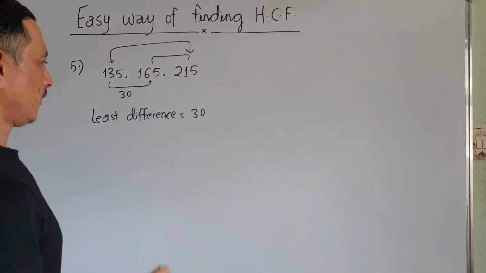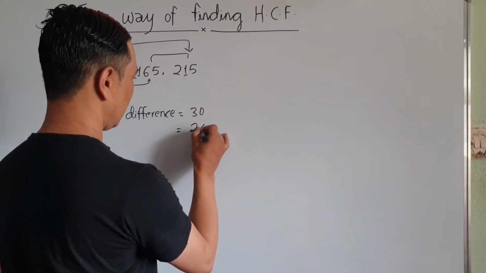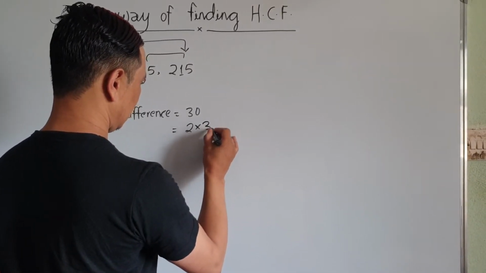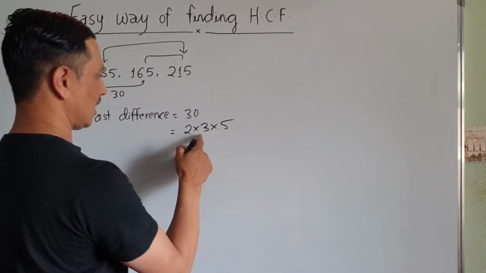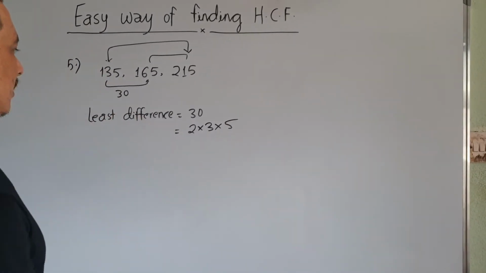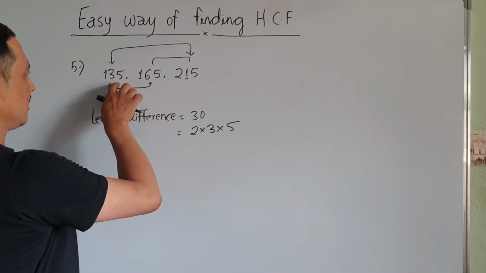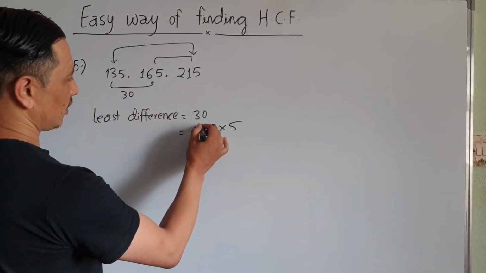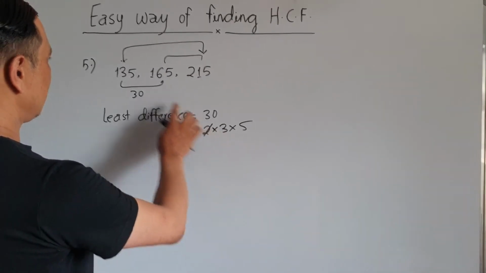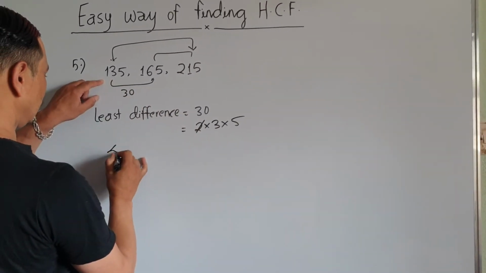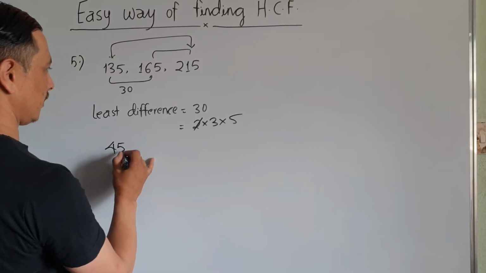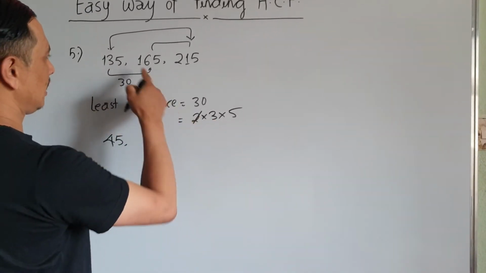Now after this we find its factors. 30 is 2 into 3 into 5. We divide by 2. As the last digit is an odd number, 2 doesn't divide, so we cancel it. Now we check by 3. 3 divides this one, and this one.